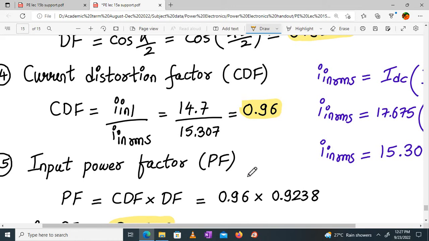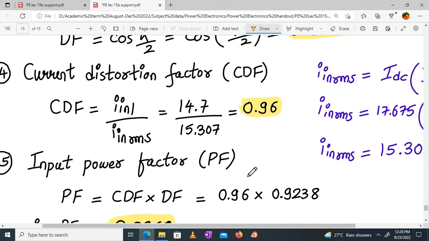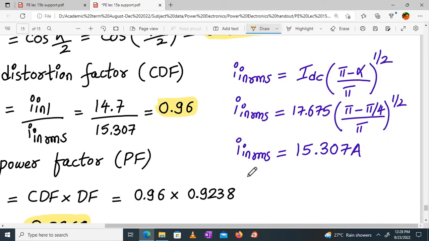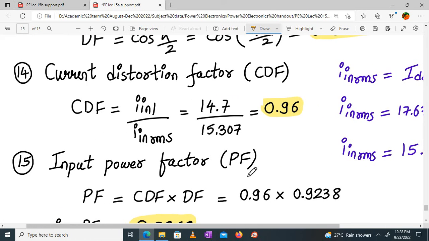The values are the same as you are also getting with your calculator. IN RMS 15.3, CDF 0.96.